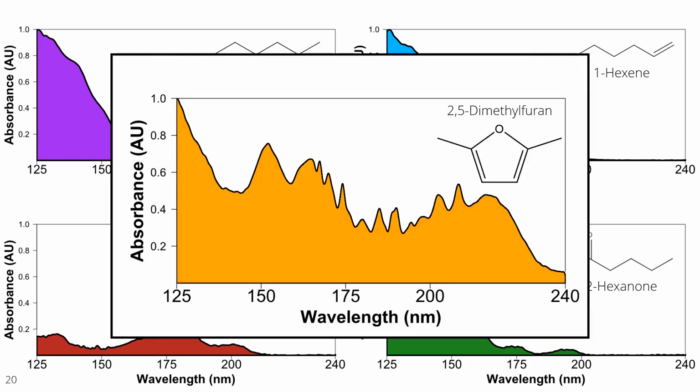And some compounds that we look at have really rich and unique spectra. I include this one here for 2,5-dimethylfuran, both because I think it's a cool looking spectrum, but also because this is actually one of the compounds we looked at in this experiment. So using these types of features, we can do a good job of differentiating these compounds.